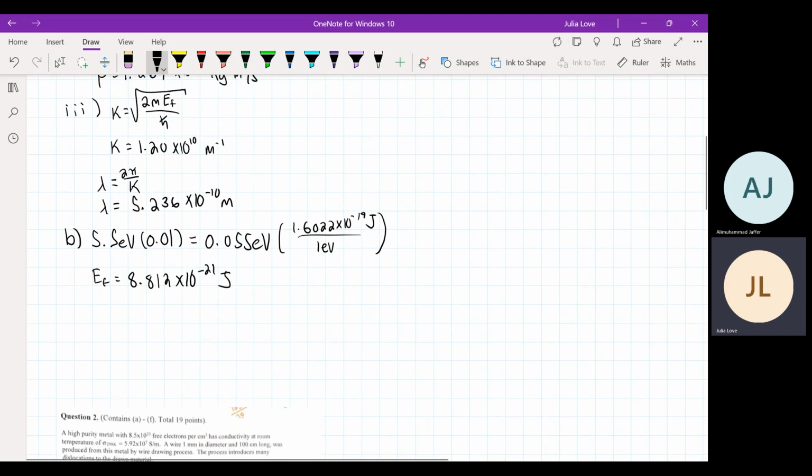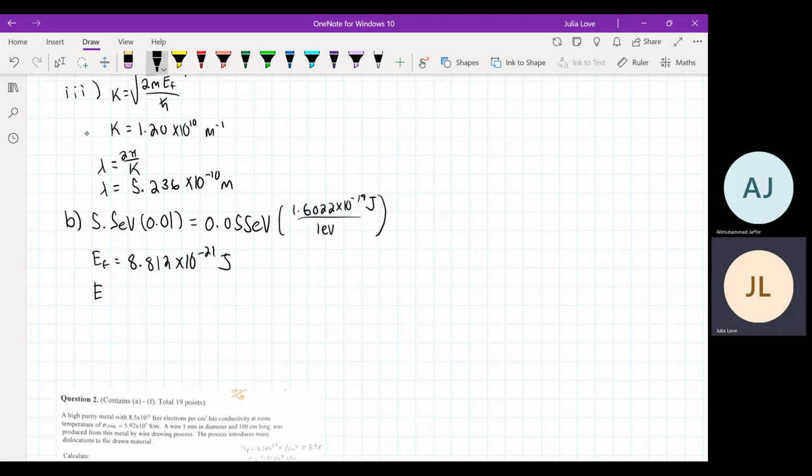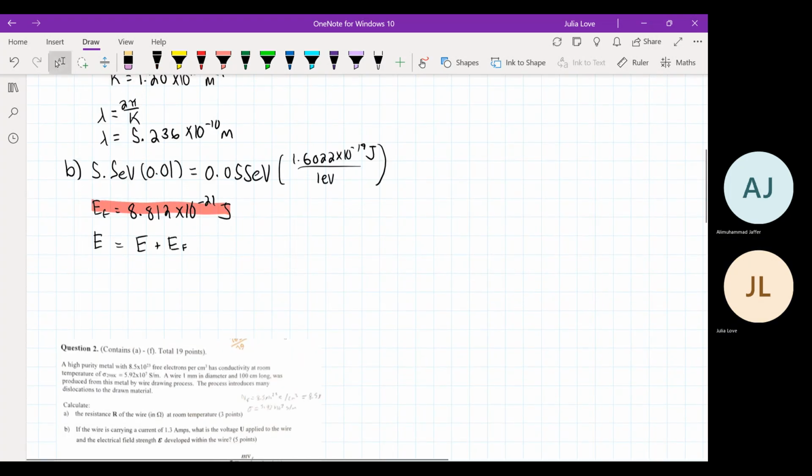We also know that the energy is going to be equal to this energy plus its original, so E plus EF, which means that this E minus EF term will be equal to the calculated value.